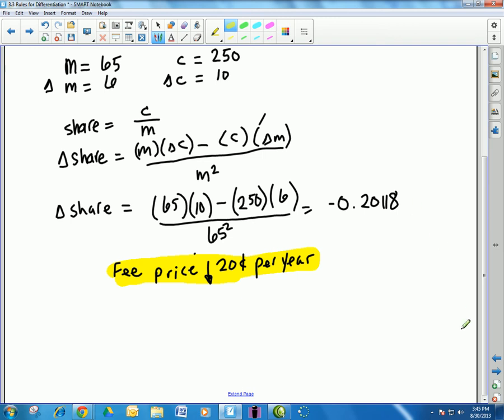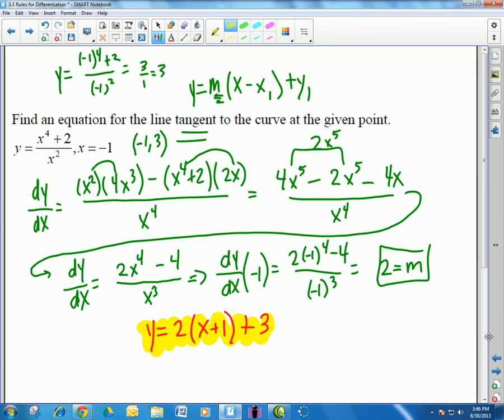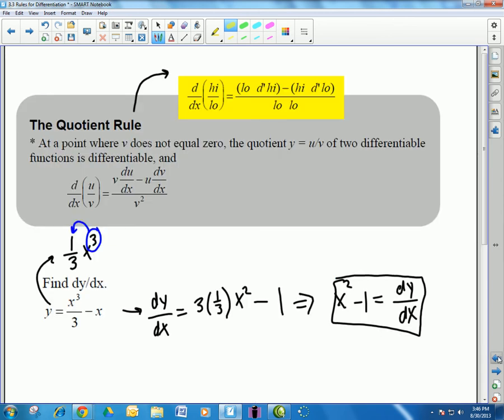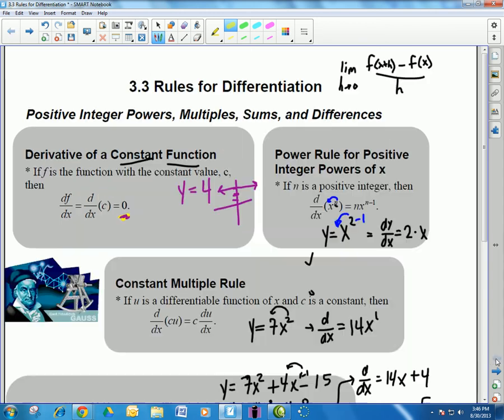If we just really quick review what's in here, we have rates of change, and now we're looking at different properties of finding rates of change, which we now are going to call derivatives. And we're using all of these rules. One of them that we used was the quotient rule. When you divide two functions, low d high minus high d low over low low, that's the quotient rule.